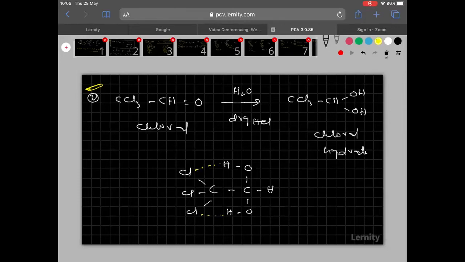So chloral hydrate is also a stable molecule due to intramolecular hydrogen bonding. Is it clear, everyone? So this is one evidence that chlorine also forms hydrogen bonding.